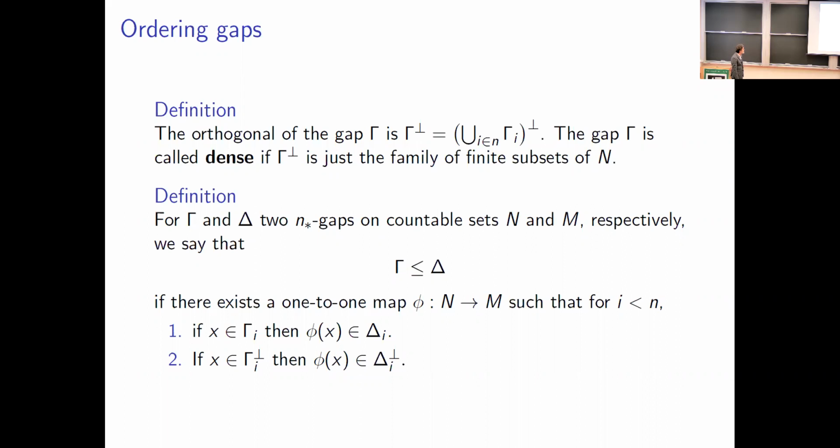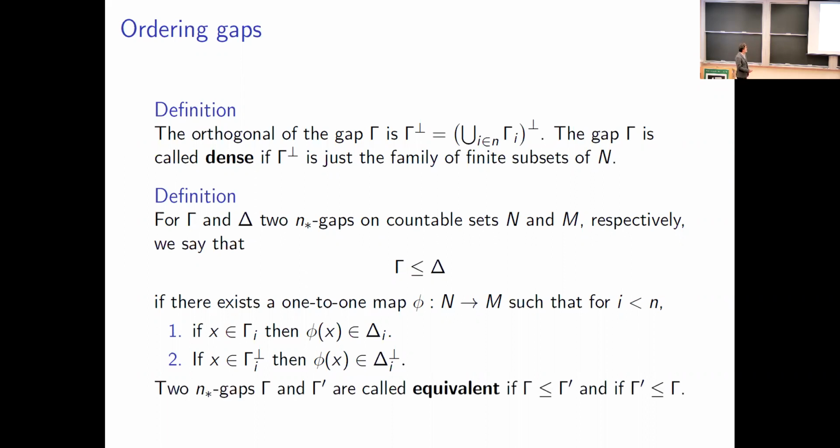So there is a map that maps a piece into a piece, and the orthogonal of a piece to the orthogonal of a piece. And it's a map on the index set. It's not like in the Tukey order, where you're mapping the sets, but the index set. It's kind of an analog of the Rudin-Keisler order. And there's equivalence. Of course, this is a quasi-ordering, and this is the equivalence.